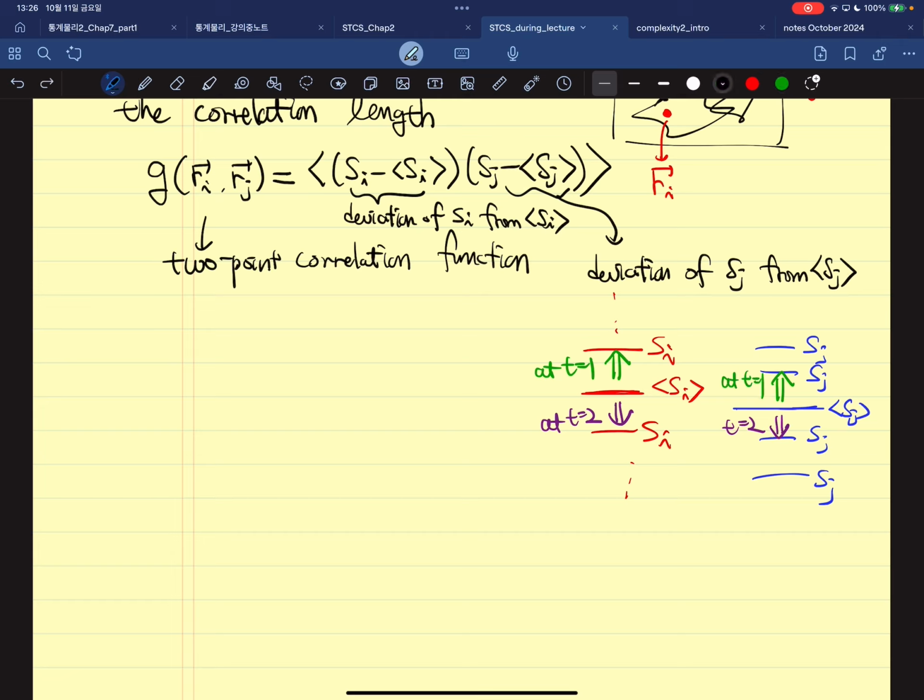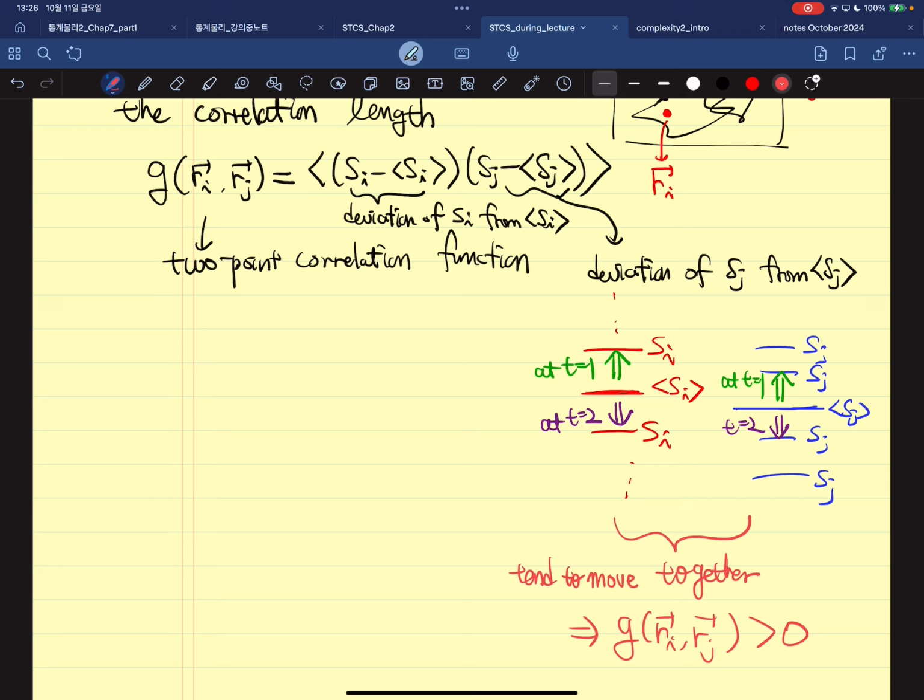So the notion is that if these two variables tend to move together, this correlation function would be positive.